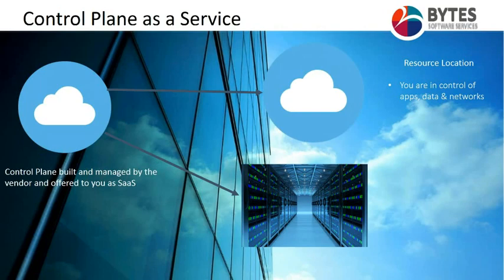And it also helps you move away from that build, maintain, renew, upgrade, and repeat process that we've all been going through for so long. You can forget about that process because it's being managed by the vendor, allowing you to focus on delivering your applications and desktops to your users and giving them the service that they need and want to consume.